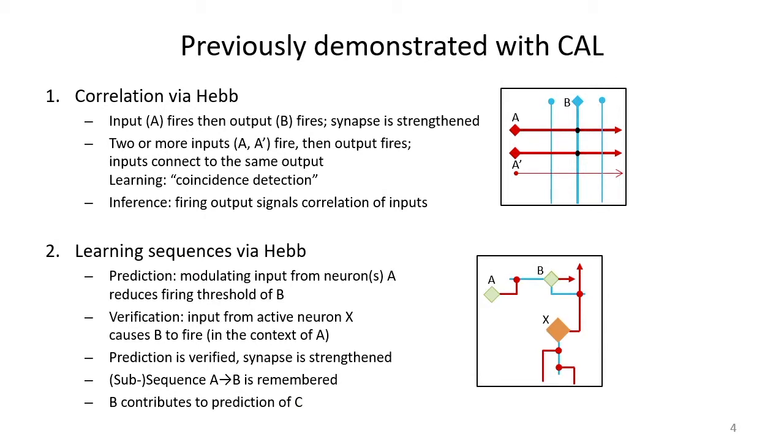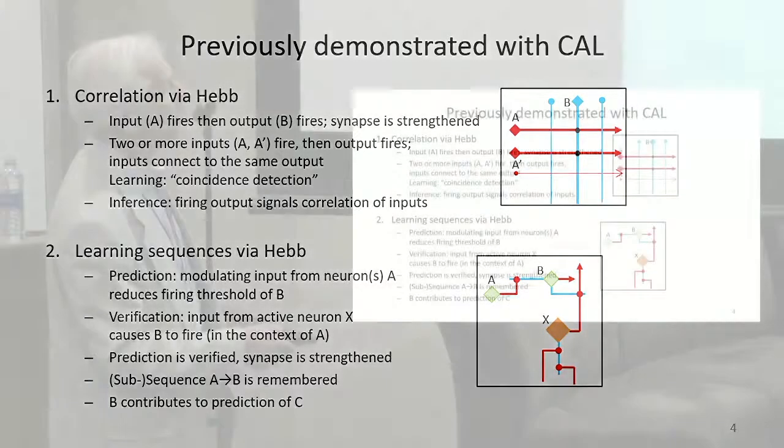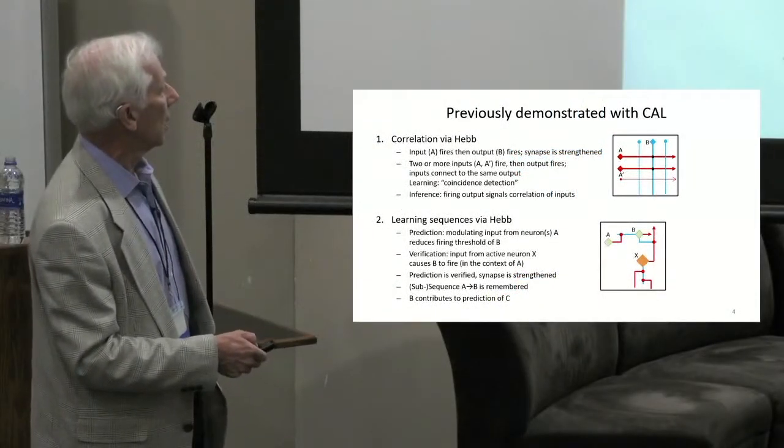That's a modulation, but it does not fire. It's lowering of the threshold potential, depolarization, however you want to phrase it. If then X at the bottom of the mini column fires, then B fires preferentially. The other neurons in the mini column are effectively inhibited by the firing of B.